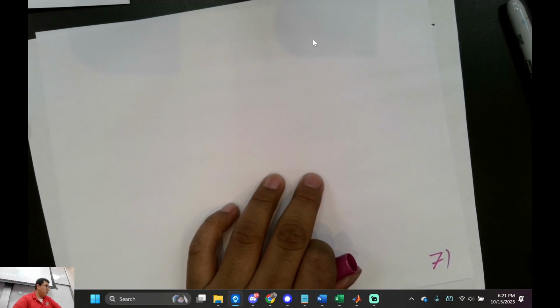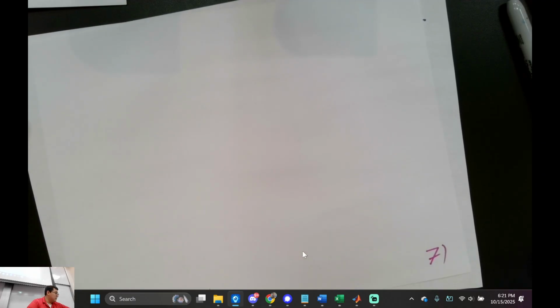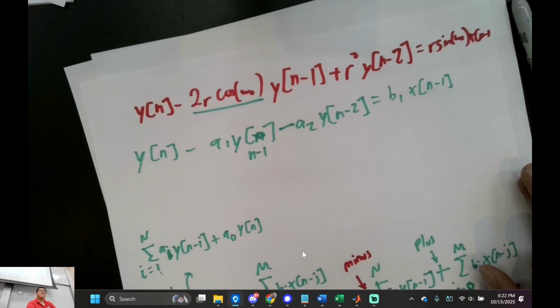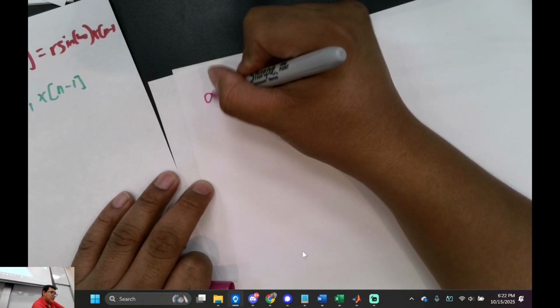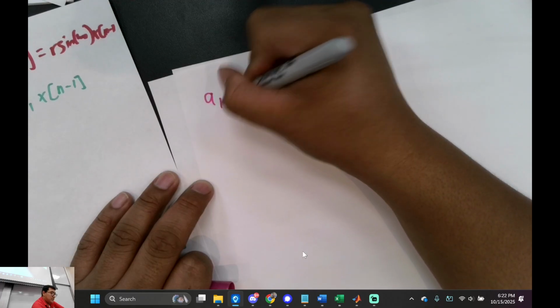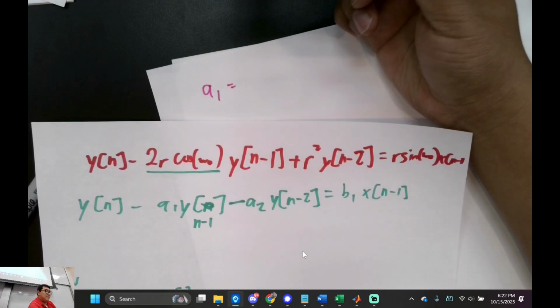Okay, so our assignment states that, what's his name? Or do I have that piece of paper on me? Remember these coefficients from here? Right? A1 is going to equal, right?